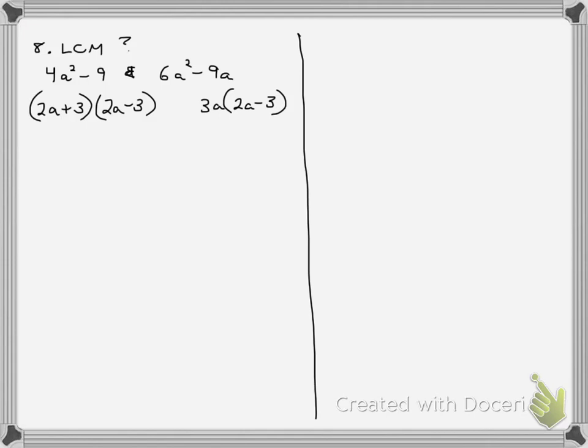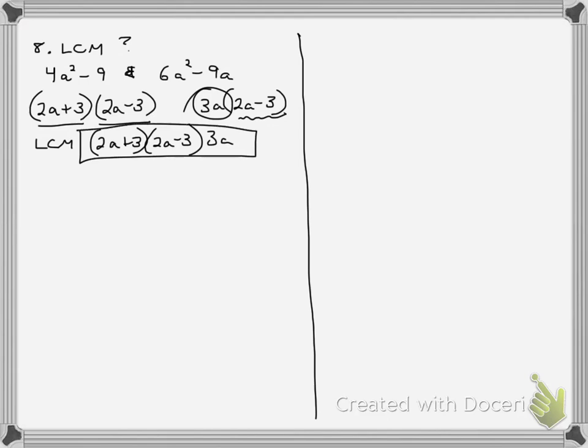For my least common multiple, I'll take everything from the left one, and anything I don't already have from the right one. I already have this, so I don't need to repeat it, but I still need this. And this is my least common multiple.